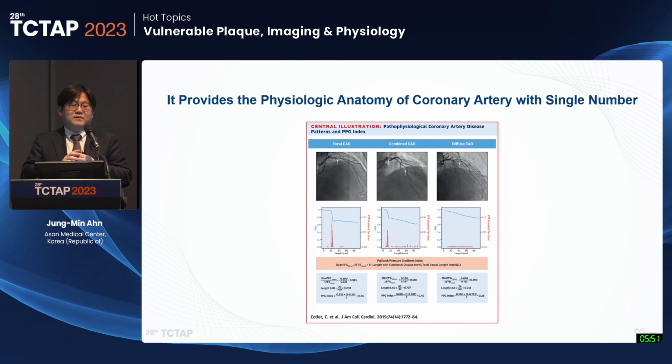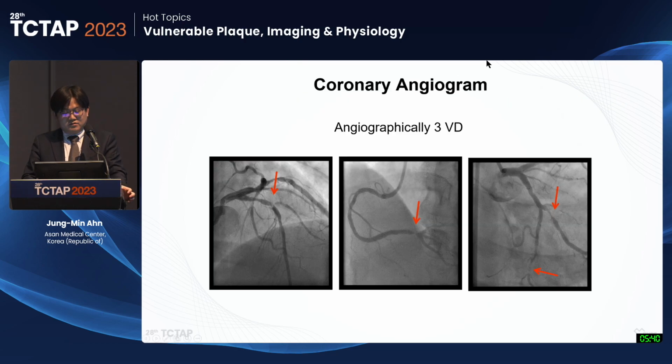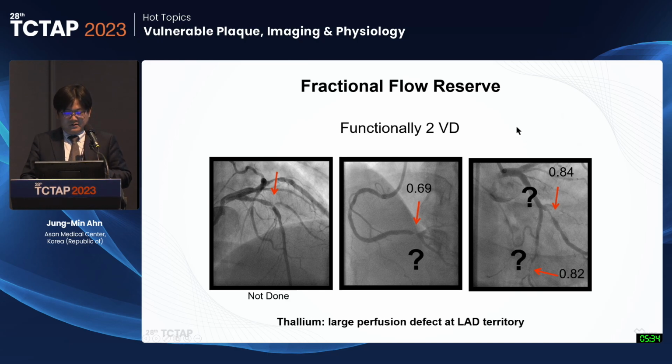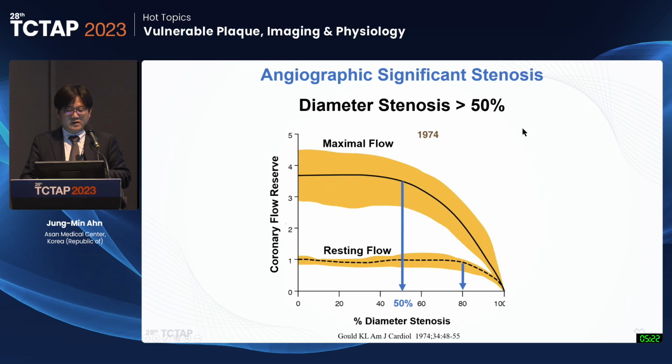The beauty of FFR is you can describe one coronary artery stenosis using a single number. So how about the coronary angiogram? With 3 or 4 stenoses angiographically, the FFR is different. Sometimes with a severe-looking stenosis the FFR is lower, but sometimes the stenosis looks very severe, but the FFR is high.